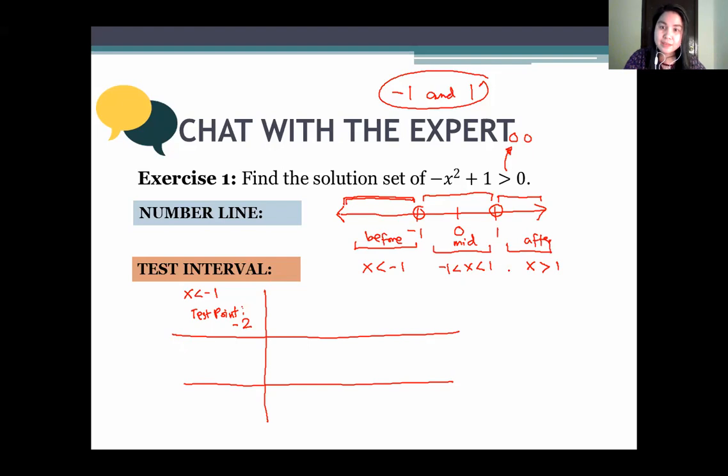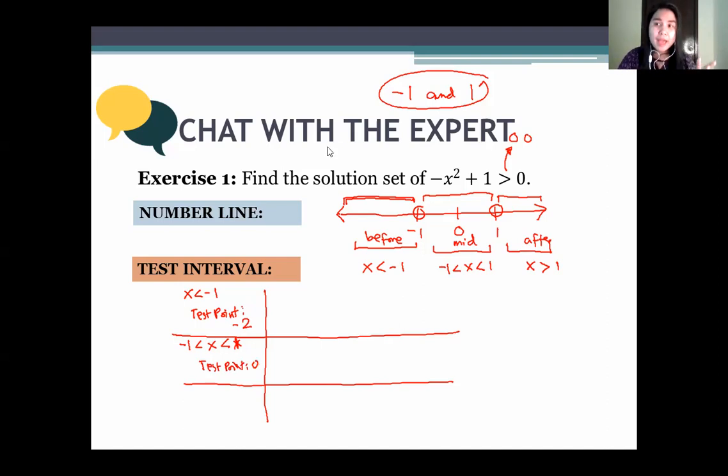Next, the middle interval, x between -1 and 1. What's the number between -1 and 1? Say our test point can be 0. What if my answer is a fraction? No problem.